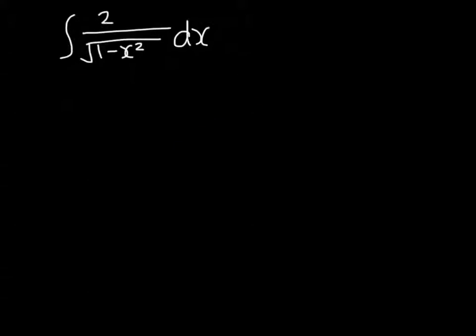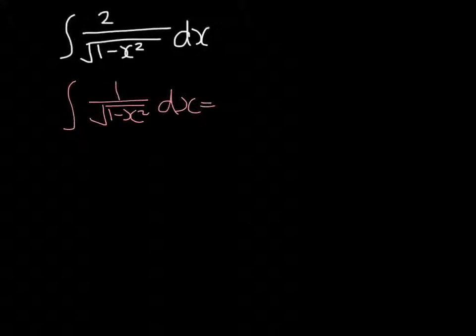Alright, so the last few examples are just going to be some review of our integrals for trig. So if we recall, the integral of 1 over the square root of 1 minus x squared dx is equal to inverse sine of x plus c.